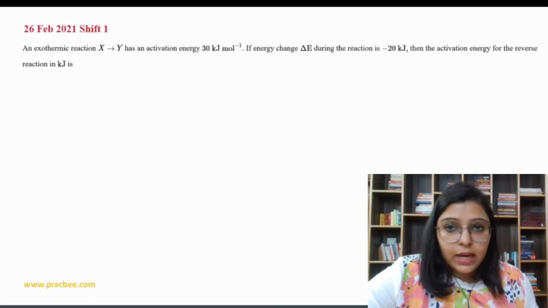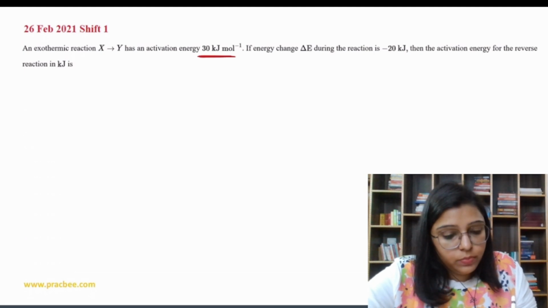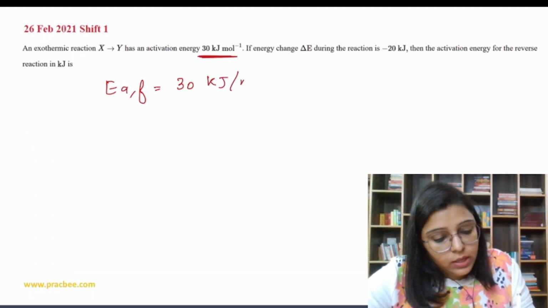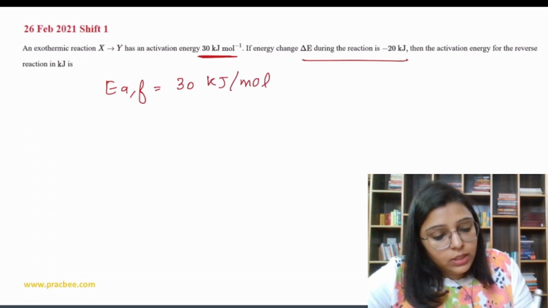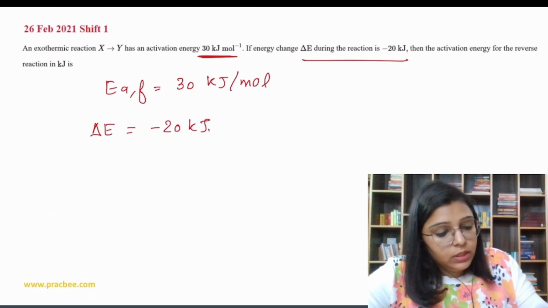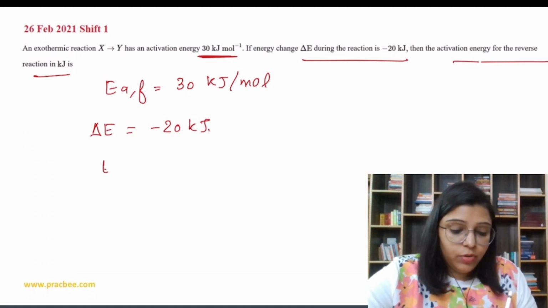An exothermic reaction X to Y has an activation energy of 30 kilojoule per mole. Okay, activation energy 30 kilojoule, that is, for the forward reaction it is 30 kilojoule per mole. If the energy change during the reaction, delta E, is minus 20 kilojoule, then what is the activation energy for the backward reaction? Which formula are we going to use here?